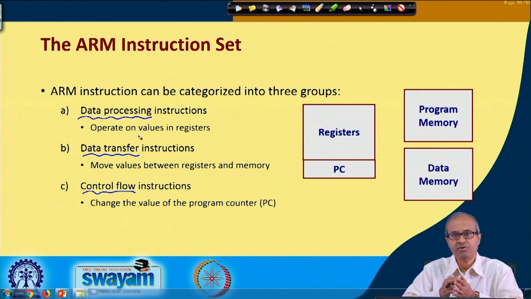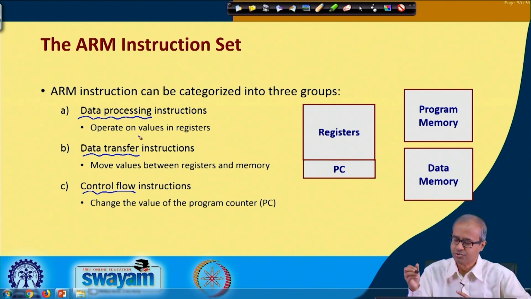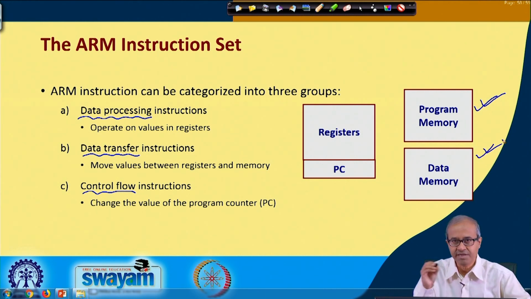Now, I have said that most of the modern microcontrollers, not the first generation ARMs but the subsequent ones, are based on the Harvard architecture. So, you will have a separate program memory and a separate data memory. The instructions which constitute the program will be stored in the program memory, while all temporary data which you will be manipulating will be stored in the data memory.